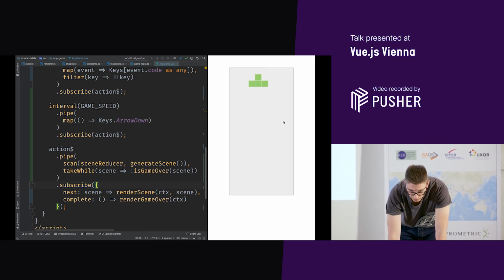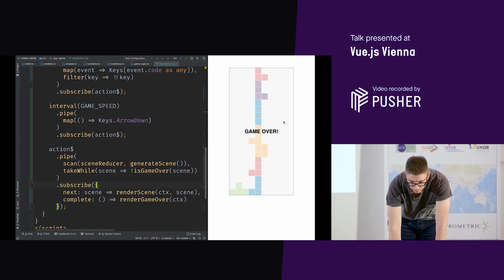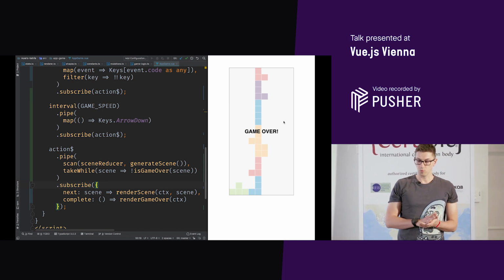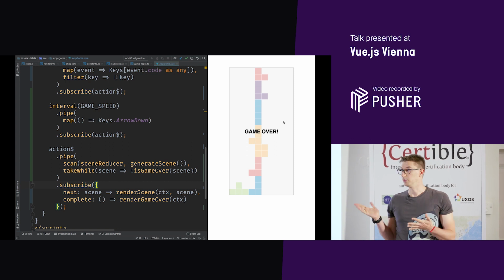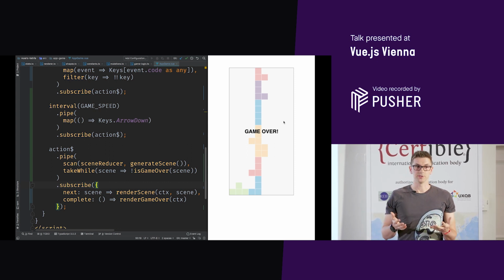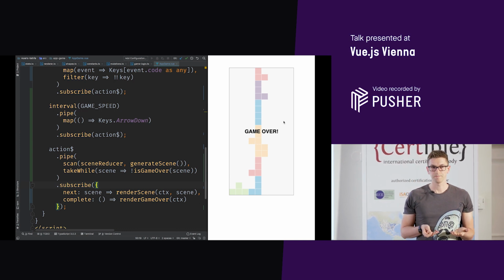Now if we restart, let's try to end it again. That's it. Now, one thing which might not be clear immediately is that observables still work on the principles of event subscription.